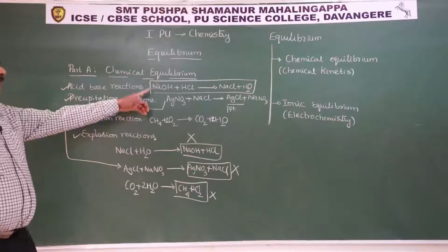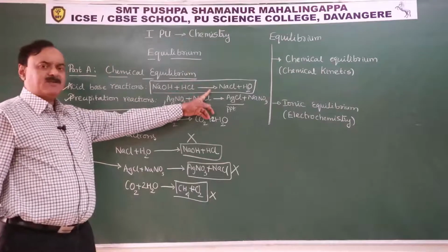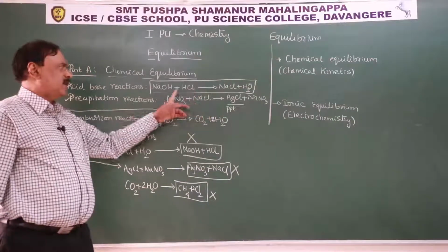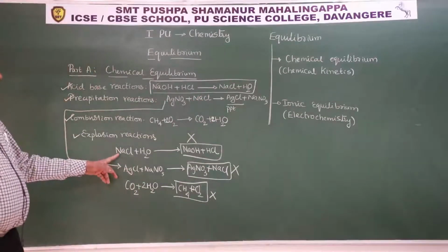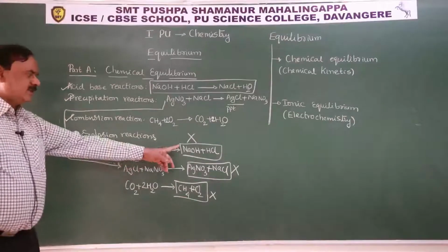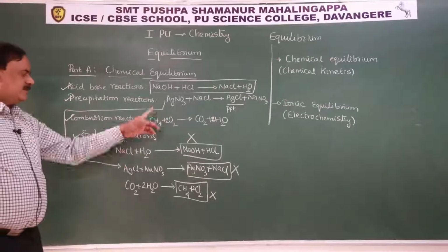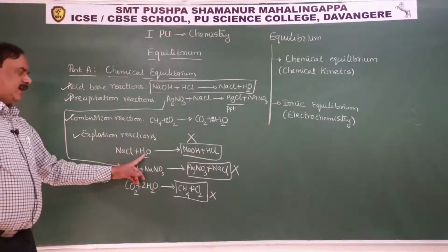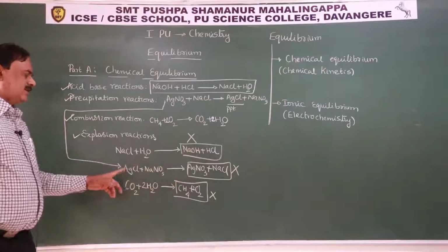See, the forward reaction, that is whenever the arrow goes left to right, is possible. But in the backward reaction, the products do not give back the original reactants. Sodium chloride does not give rise to sodium hydroxide and HCl.